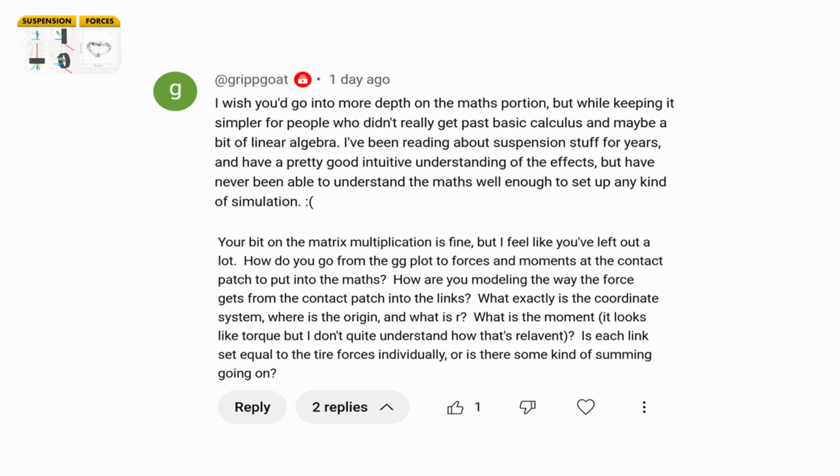So some people say Grip Goat, for instance, said, "I wish you'd go into more depth on the maths portion." And I fully accept that comment. There's a few things that I could do in the future where I can try to at least put the images up completely. I will note that there are people that are doing this sort of thing on the maths and so on that have way better explanations of the maths sides of this.